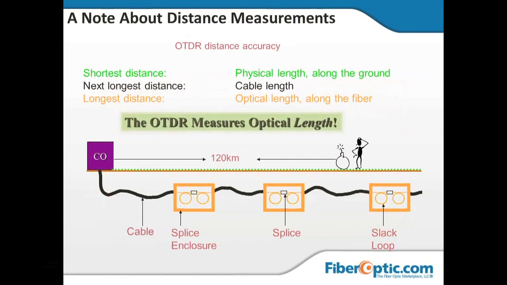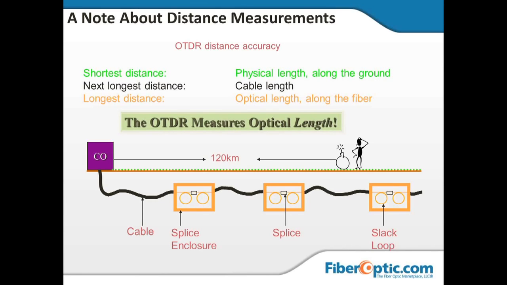Okay, one last thing to recognize about the distances that we're talking about is there are three distances that we talk about in our calculation. The shortest distance is going to be our physical length, whether it's our trench footage or strand footage, whatever it is.